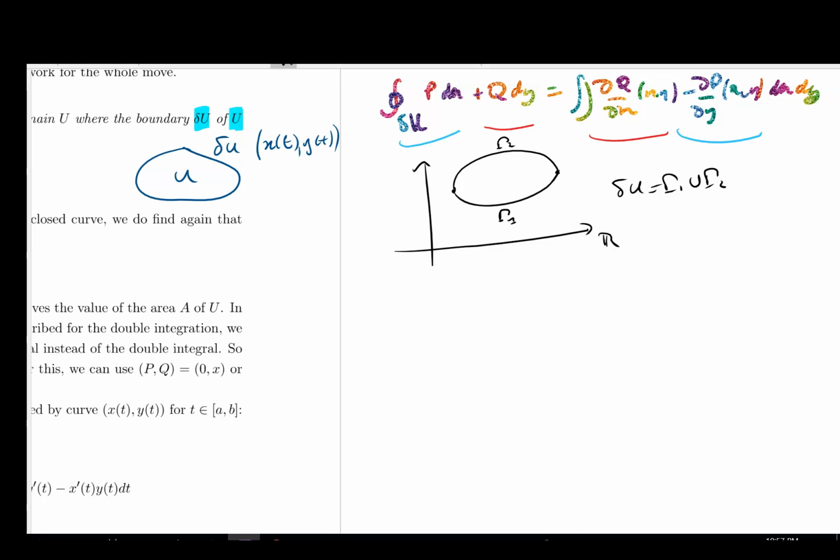Okay, and if that is x and that is y, you can describe gamma 1 as y is equal to some function of x. So let's say this is y1 of x, and you can describe gamma 2 very similarly by saying that y is some second function, let's say y2 of x. So that curve is y1 of x, and the curve on the top is going to be y2 of x.